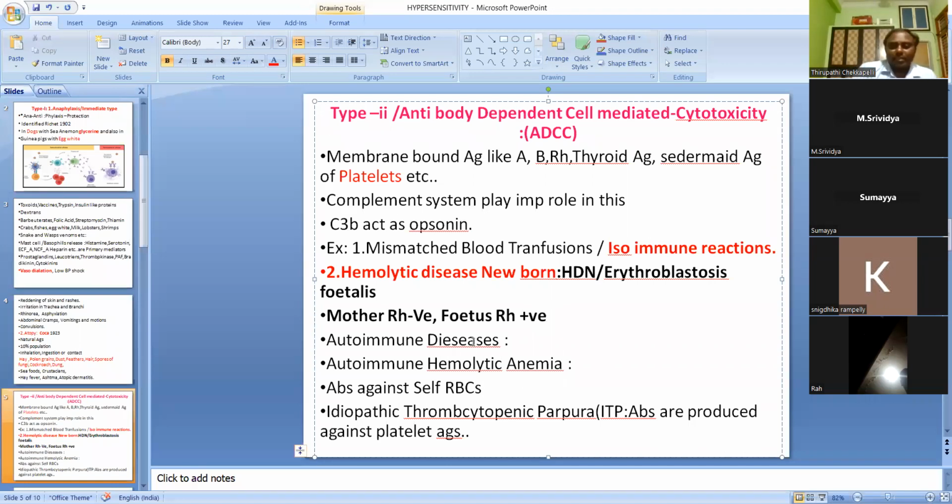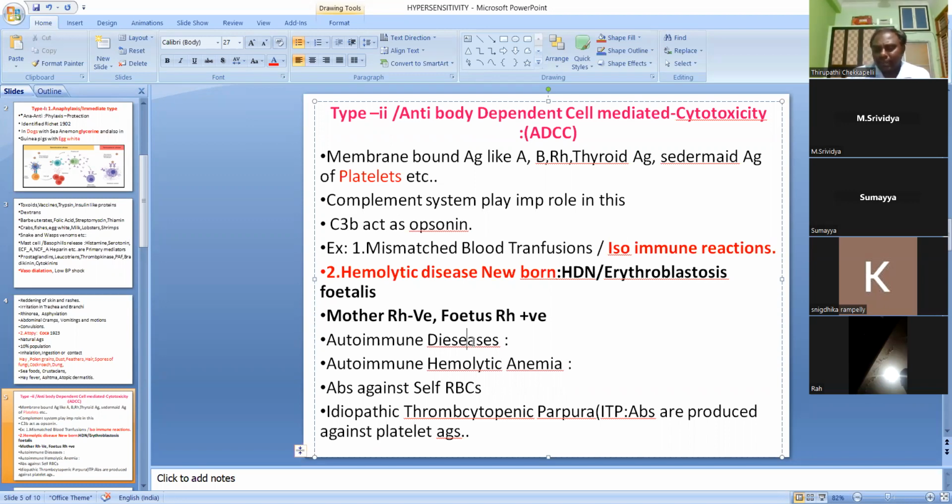What happens? The first time, Rh antibodies are produced in the mother's immune system. Generally, rarely, RBCs enter from the fetus into the mother. In such conditions, for the first time, IgM kind of antibodies are produced in the primary immune reaction.